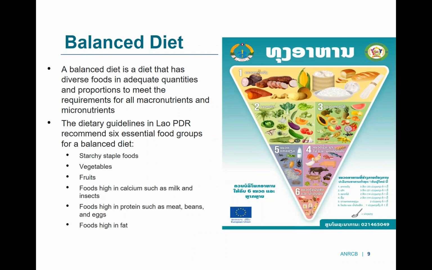That can be cooking oil or coconut or other things, including animal fat as well. Not mentioned here, but also important is water, having adequate amounts of water for health and well-being.